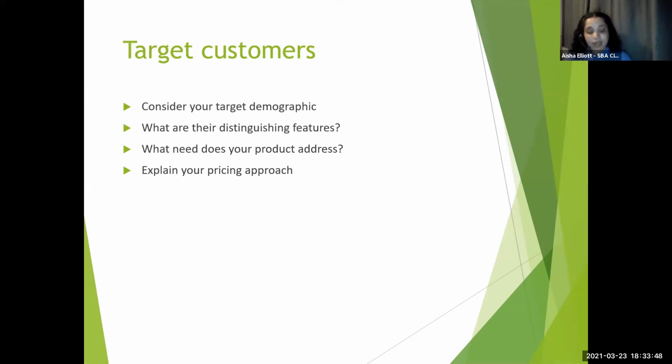What are their interests? Where do they live? Think about why your product or service is needed on the market, and consider your approach to pricing. Why are your goods or services priced in this particular way? Basically, you are asking yourself questions to make sure that you know exactly who you plan to sell to.